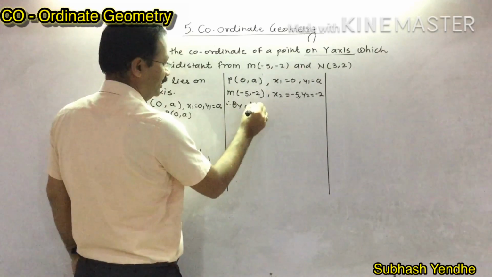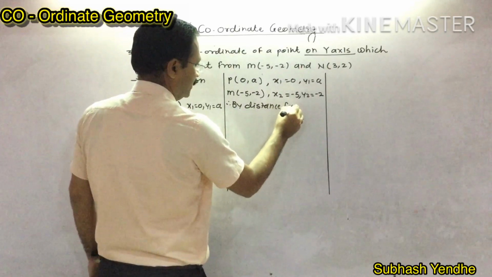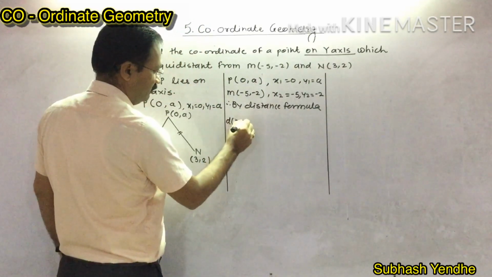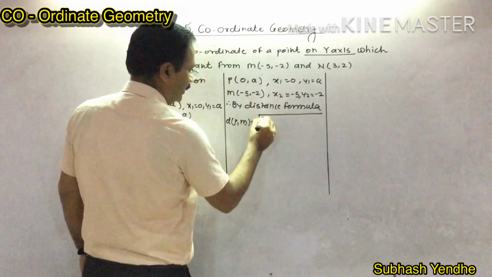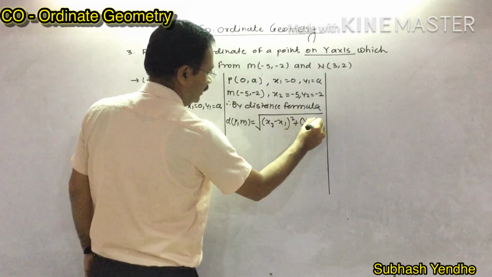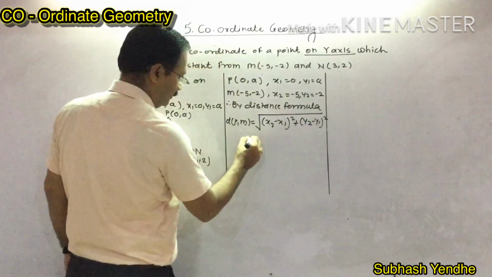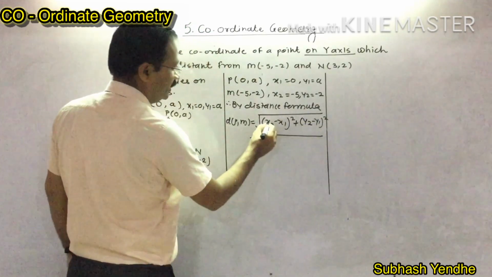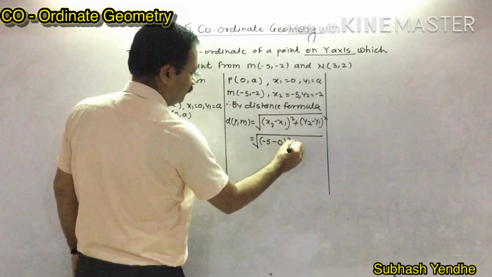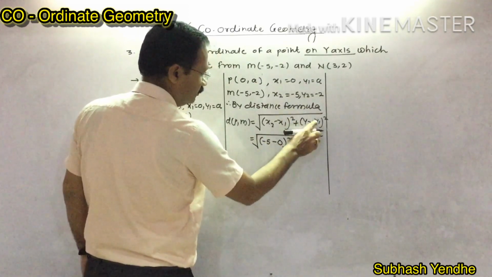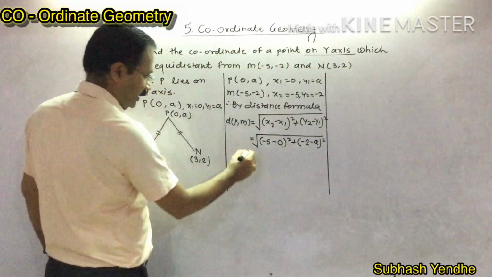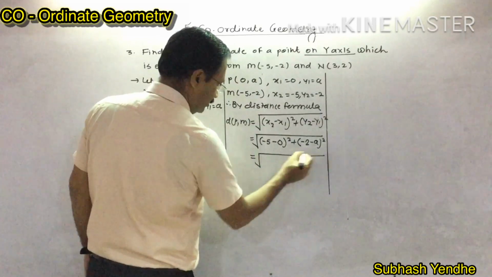Therefore, by the distance formula, distance PM equals under root x2 minus x1 bracket square plus y2 minus y1 bracket square. Now substitute the values. x2 is -5, minus x1 which is 0, then y2 is given as -2, minus y1 which is a, bracket square.